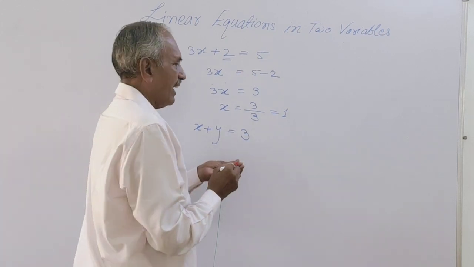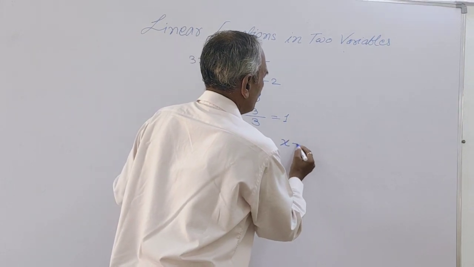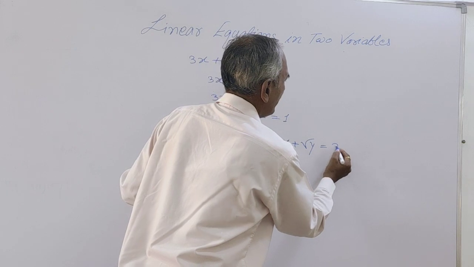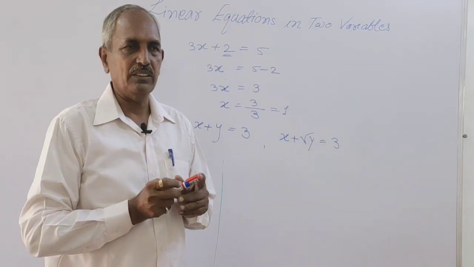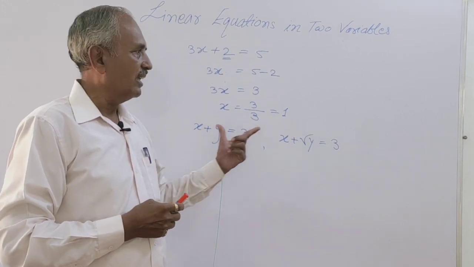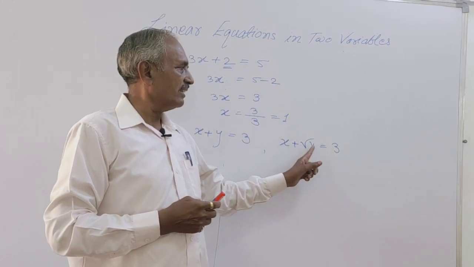Now I can write another equation, x plus root y is equal to 3. What is the difference between these two equations? This equation is also in two variables. There is x, there is y.